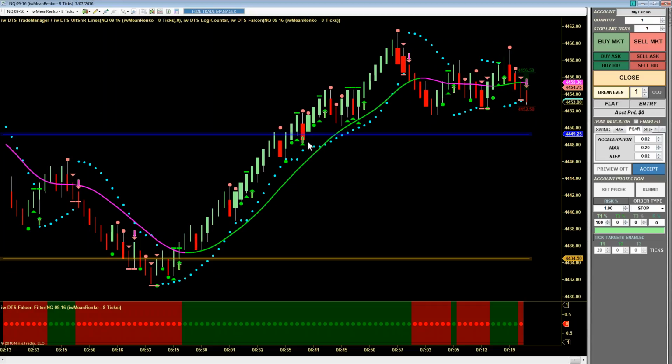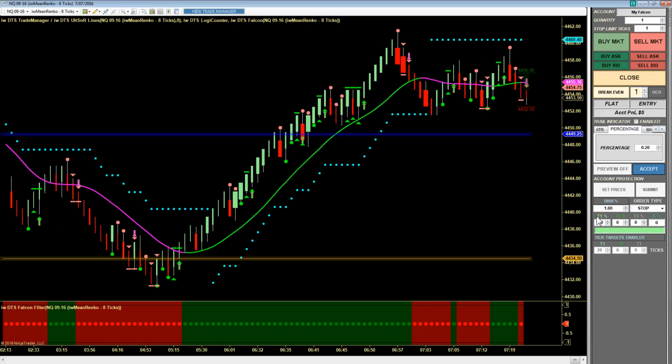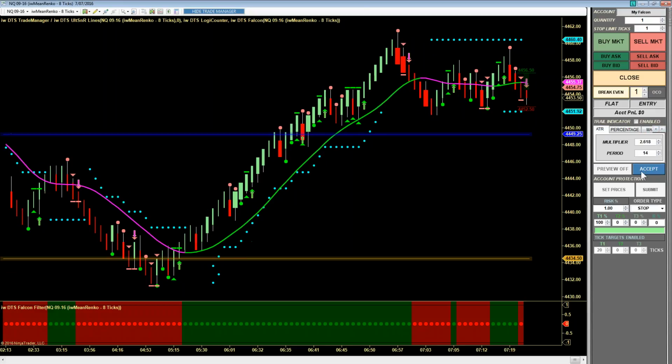If not there, here for sure. So the parabolics, probably not the system to use. What about the percentage? Well, that would have held me in, but I would have had more of a loss. So that's what I do: I just take a look at how the market is following.